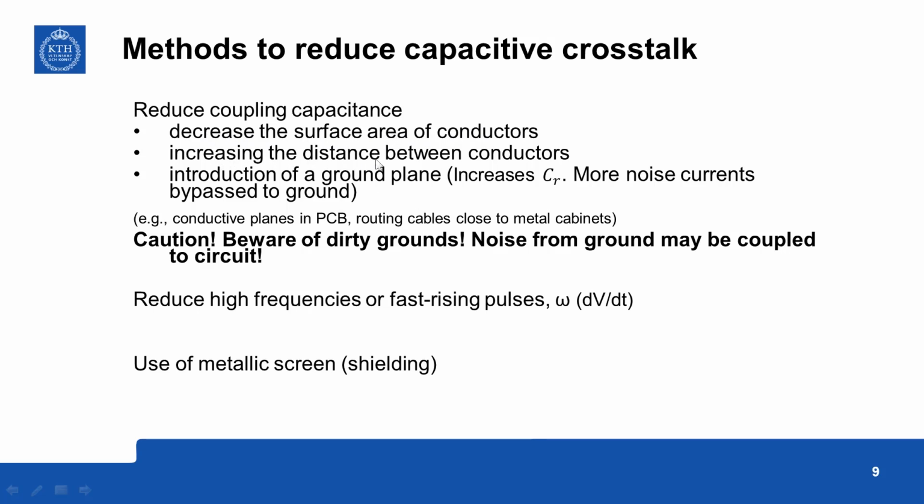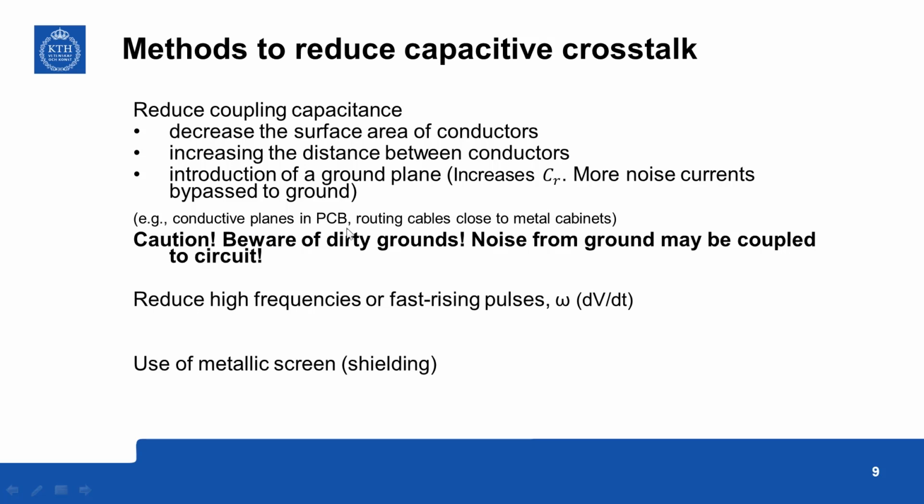Then you increase the distance between the conductors to reduce the capacitance. And you introduce a ground plane close to the pair of conductors. Then you increase the capacitance to the ground. That way you remove a lot of field lines between the conductors and divert them to the ground. So all these things you have seen in chapter 3.